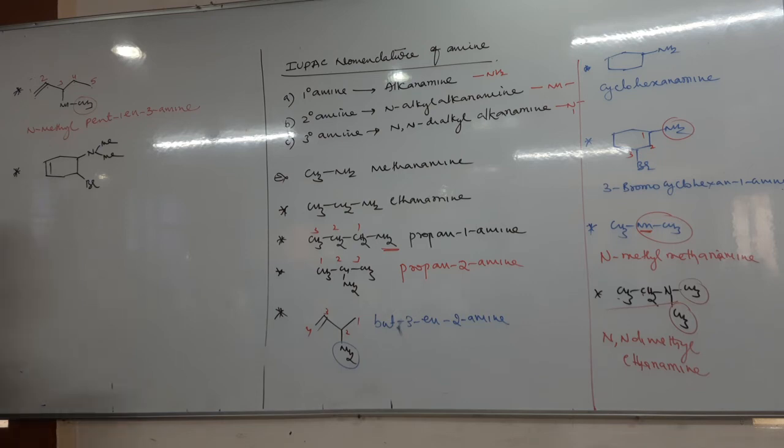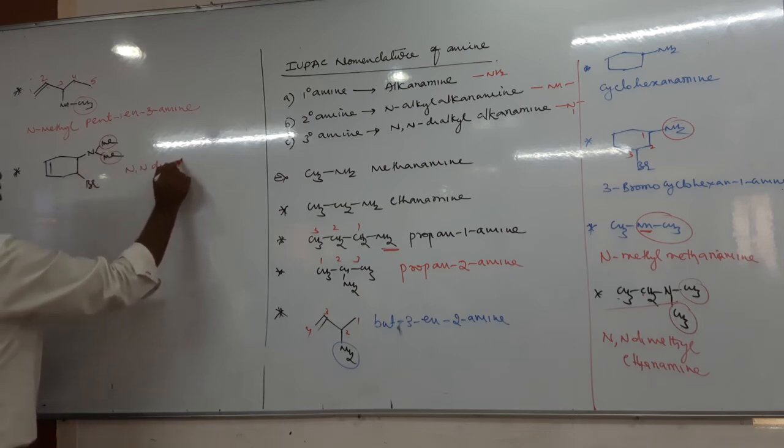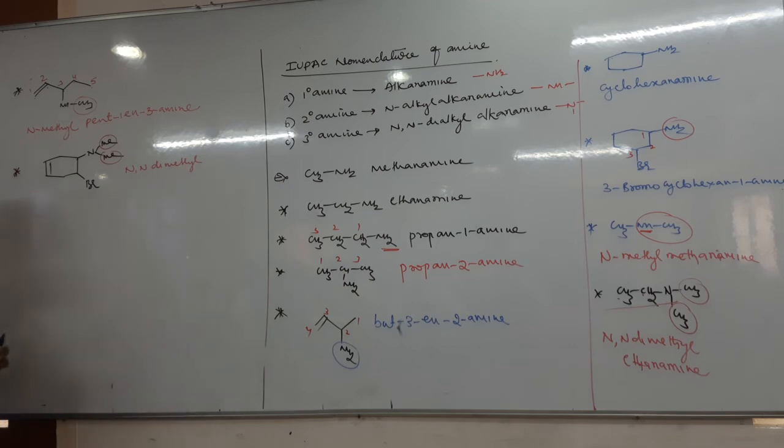And tell me, there is a methyl group, N comma N, dimethyl. Okay, dimethyl, it's amine. Then numbering, tell me. So numbering should start from the amine group, no? Amine is 1. There are 2 possibilities, 2, 3. 2, 3.